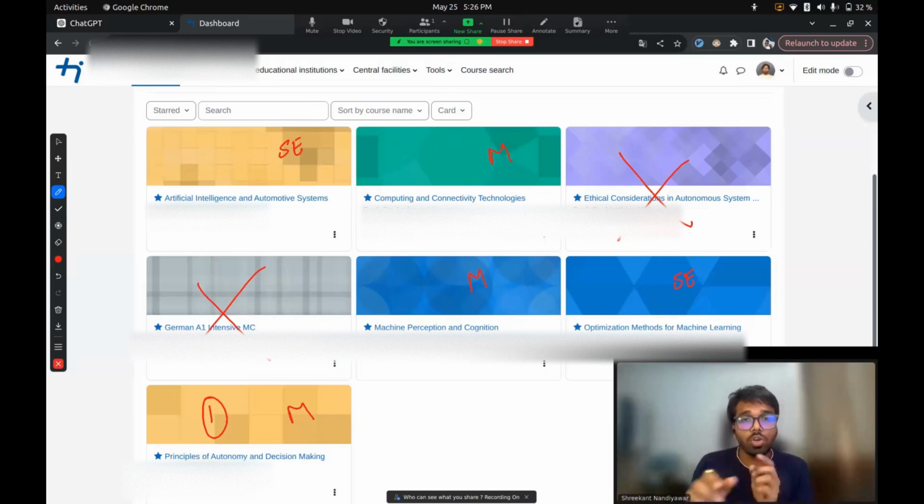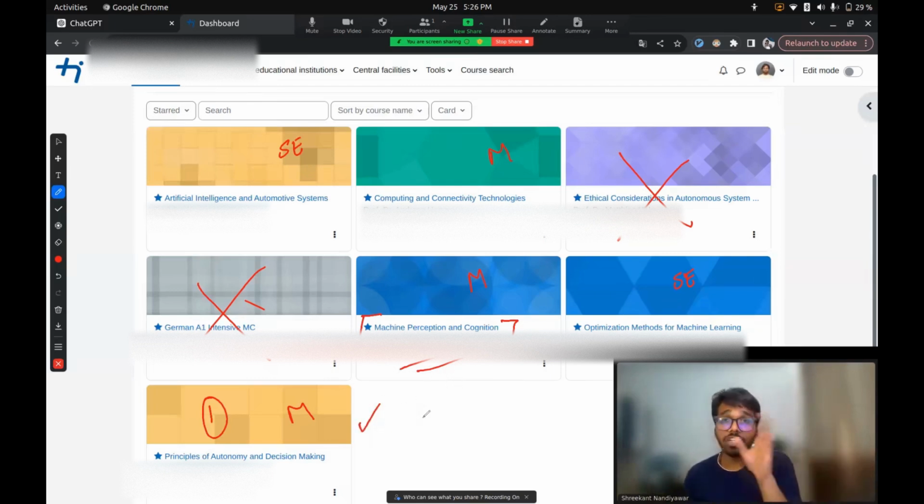Okay, so those all things come under this second subject named machine perception and cognition. Okay, most of the people are not able to connect between these two subjects, but if you focus a little bit, if you try to see the aim objectives, whatever you do in this, if you try to apply it in real life version, then this is being used here.